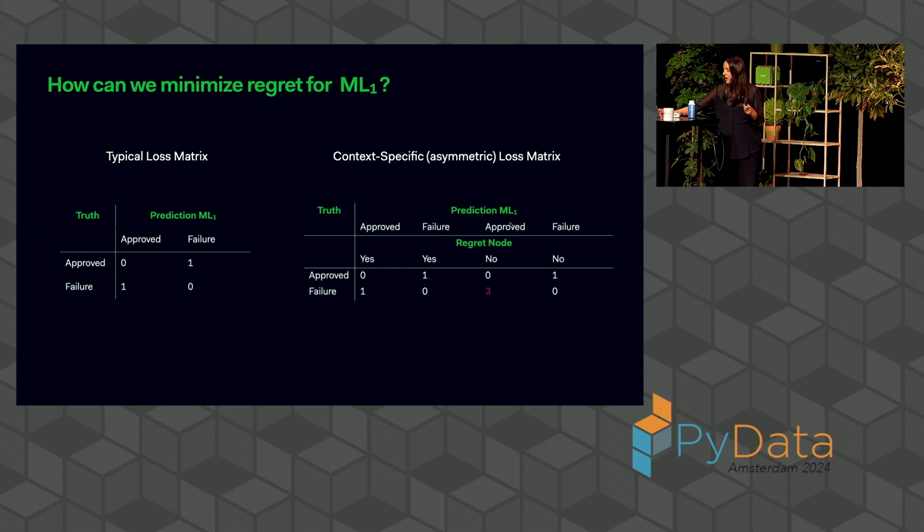So let's assume every time the prediction of our model was wrong, we want to introduce a loss of 1. But whenever the prediction was wrong, and then we ended up in this dead end in the regret condition, so we actually lost the opportunity to save the renter in an additional step, we want to increase that loss, because we want to say this is the worst type of error that the model can make, and this should be avoided.